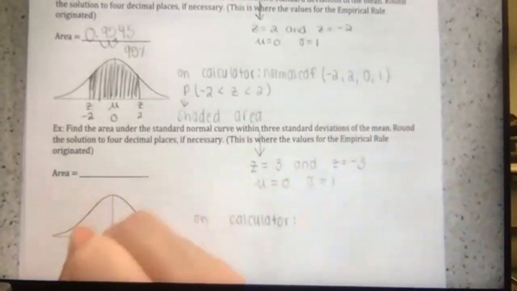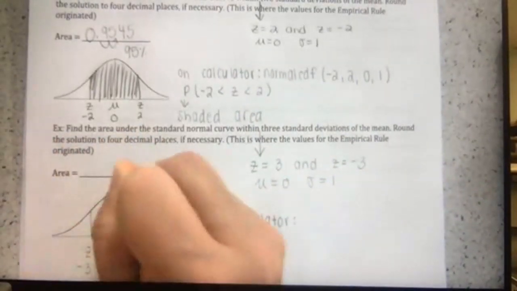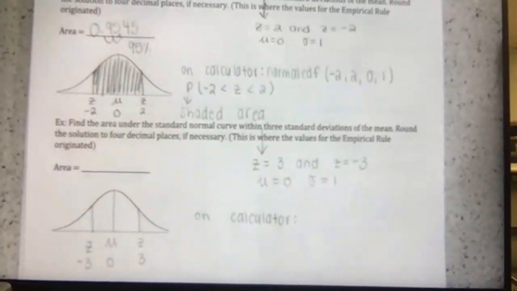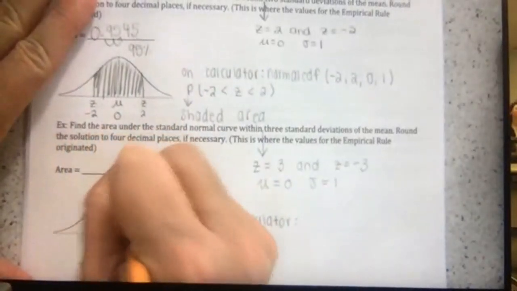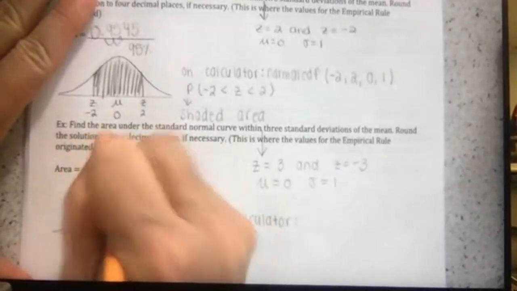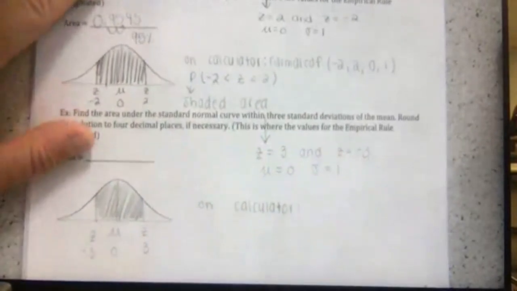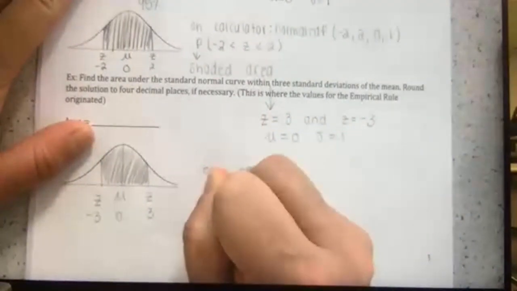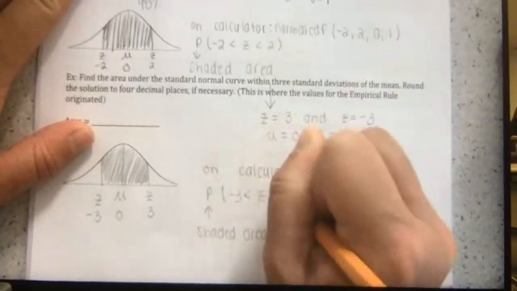Before I go to a calculator, let's show a quick picture. Our mean is 0. Our z could be -3, and z is +3. So on the left and right hand side of our middle mean, we're trying to find our probability. Probability is the shaded area between the two. So that means our probability, which is our shaded area, of z is going to be between -3 and +3.